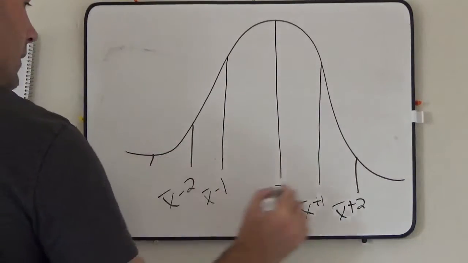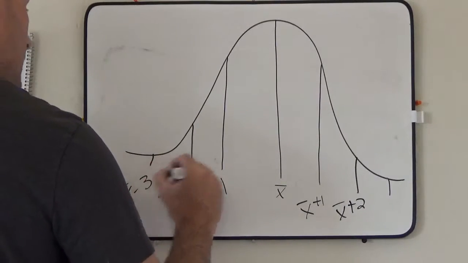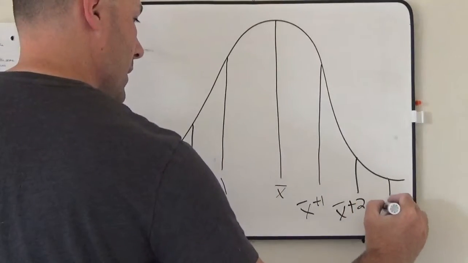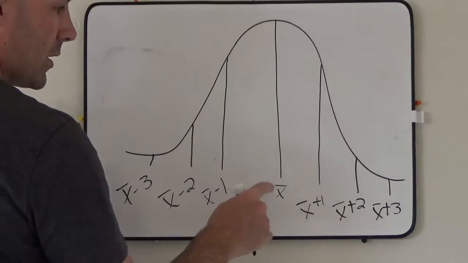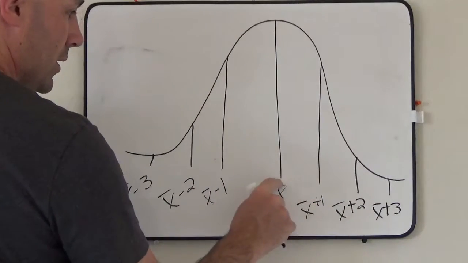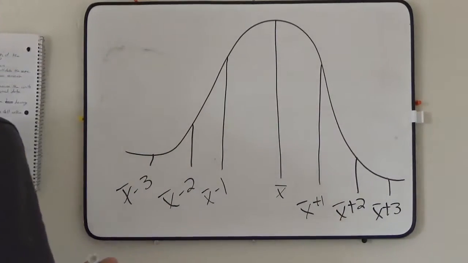And there's a third deviation over here. This is the mean minus 3 and the mean plus 3. Now, what the empirical rule is saying is that to be 1 standard deviation away from the mean, that's this deviation and that deviation, they're both 1 away from it, it's about 68%.